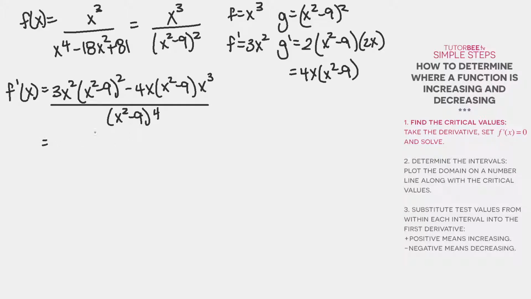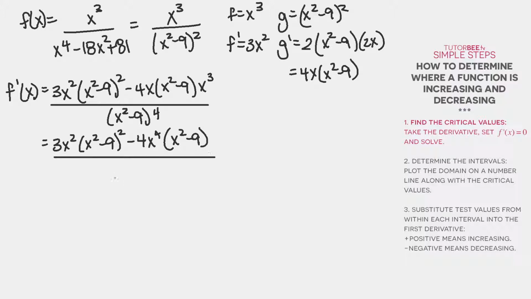Let's clean up a little bit up top. The first term doesn't clean up any more nicely. The second term, though, can become 4x to the fourth times (x squared minus 9), and that's all over (x squared minus 9) to the exponent 4.